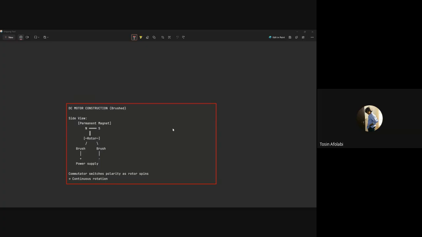It's not that clear. Sorry, I'm trying to get another image.